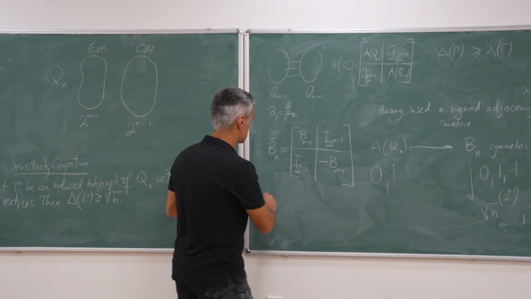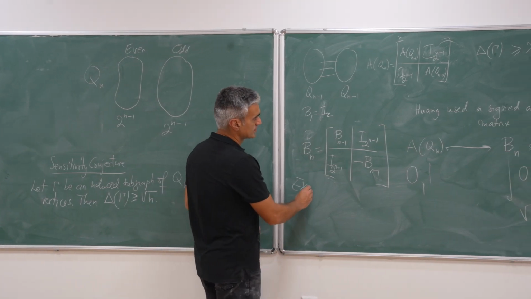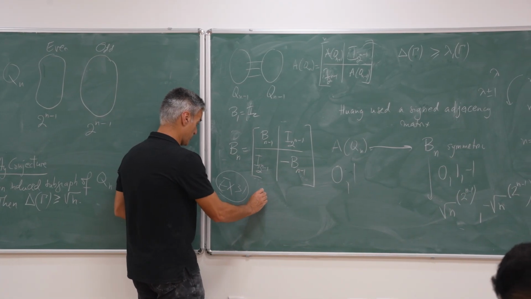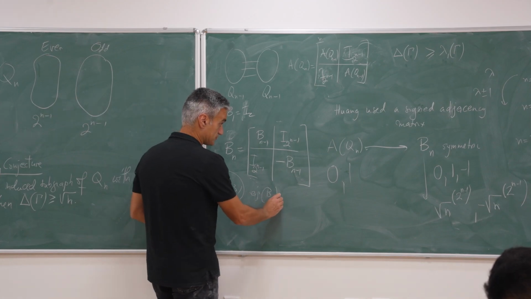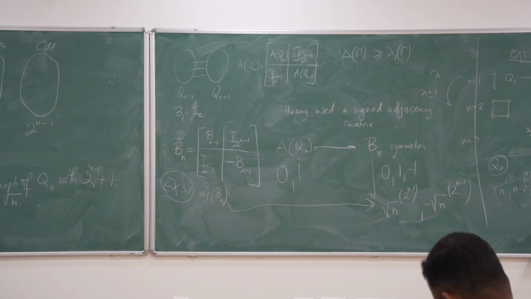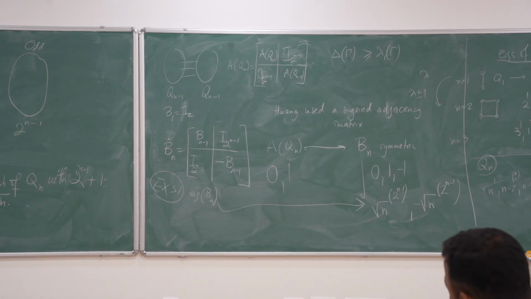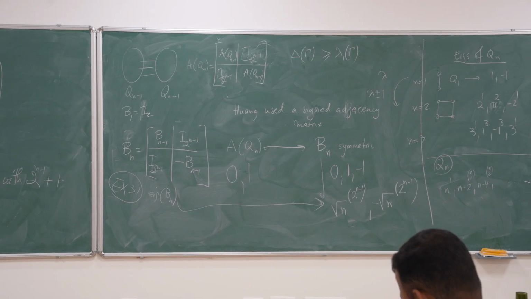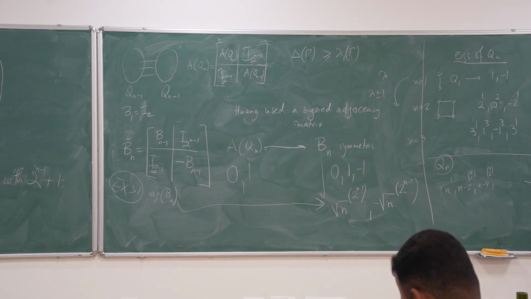Obviously, exercise number 31 is to figure out that the eigenvalues of B_n are this. Obviously, the easy way is to go find his paper and see how he did it, but if I told you now how to do it, you can do it yourself.